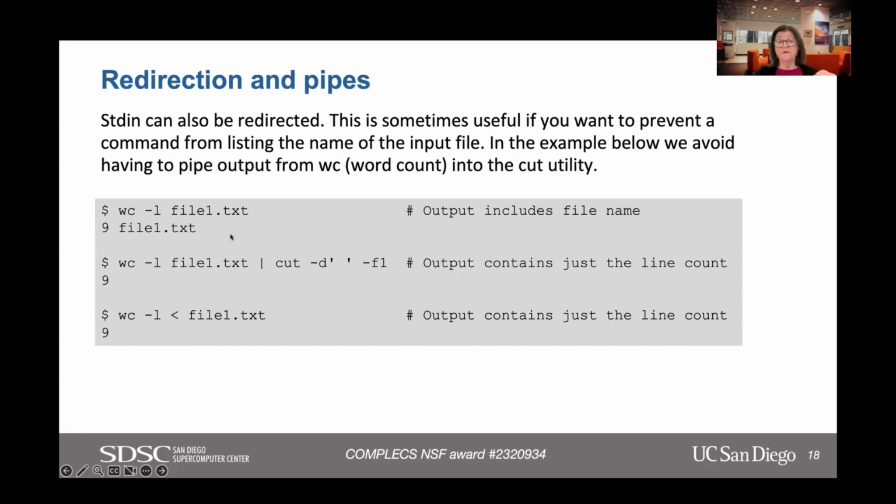In the example below, we look at piping the output from word count -l, and look at the output that includes the file name, and it counts the number of files. And now here I take the file1.txt and I use the cut. I just want the line count, and from that I get the line count. And here it contains, again, just the line count for redirecting the contents of file1 into word count.